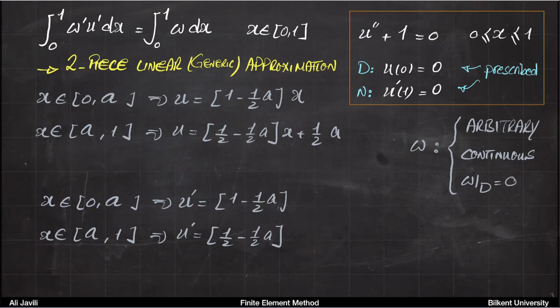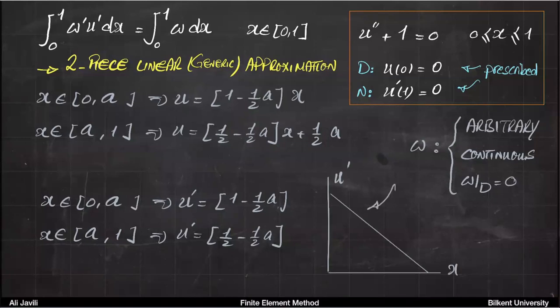And basically now you have the u prime as a function of a. And then you can draw that graph that we just had in its generic form. You can just basically draw a graph which would look like this, let's say u prime of x, and the analytical solution is this. So we have the analytical solution.